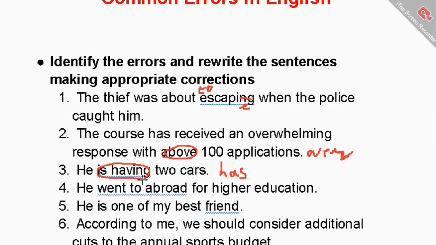Now here again, having is used in continuous tense when referring to ongoing actions: he is having lunch, he is writing, he is playing. But for possession we use has in simple present. Possession means belonging, so he owns the cars, so we should say he has two cars, not having. Having means the ongoing action.